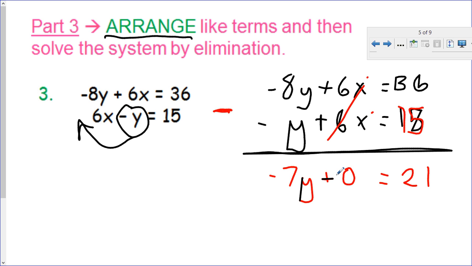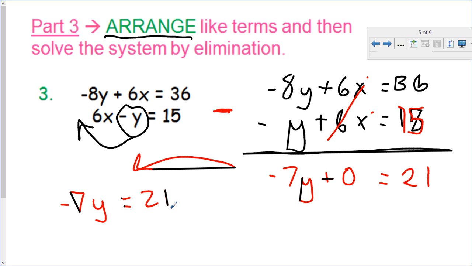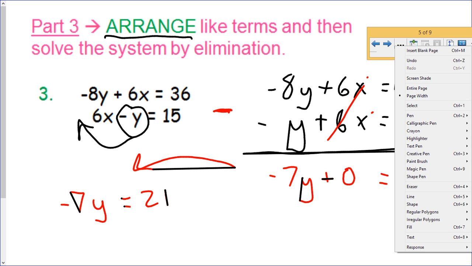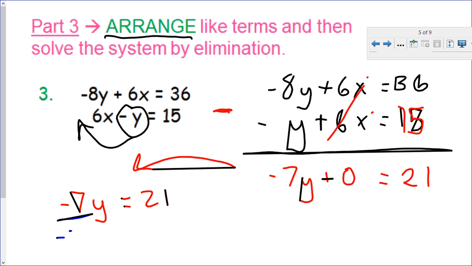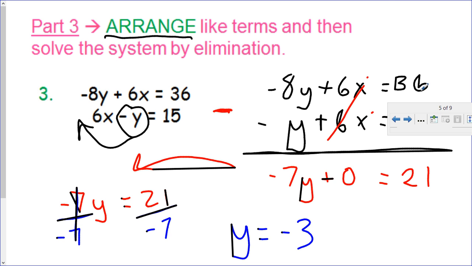Now my equation is negative 7y equals 21. I will divide by a negative 7 on both sides. And now I've got y equals a negative 3.